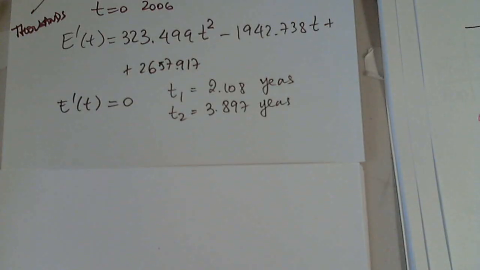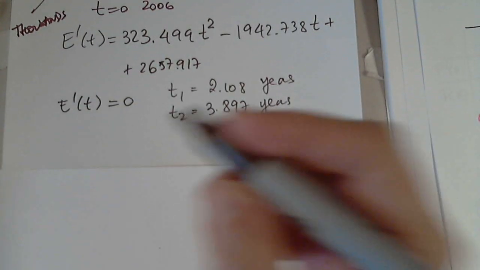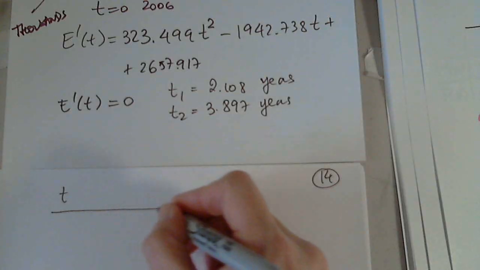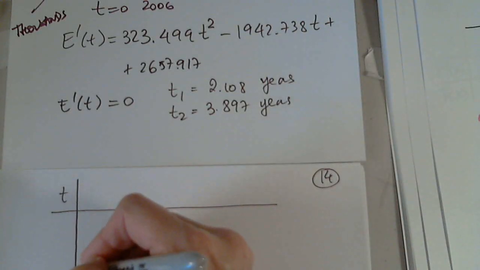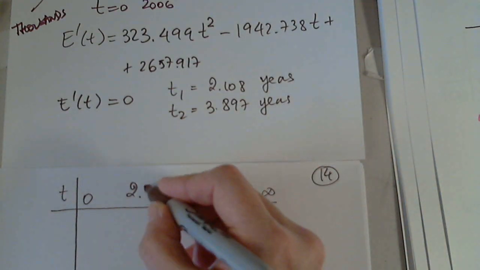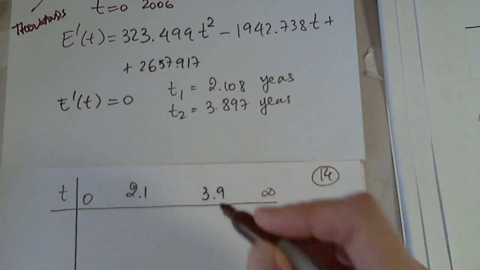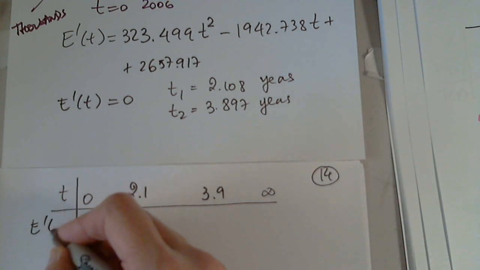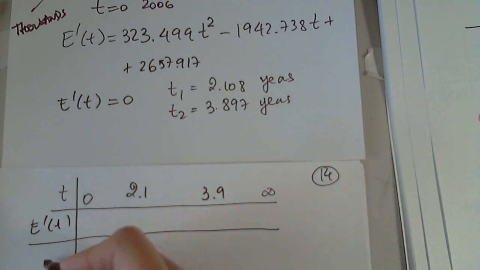So then I will create my table. Since t is number of years, I'm going to say this. So this is 2.1 and 3.9, and this is E prime, and this is E of t.